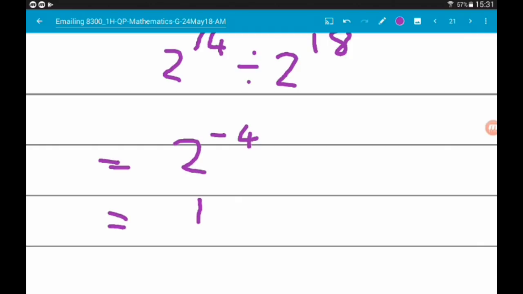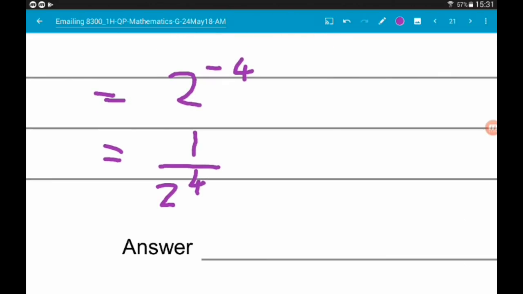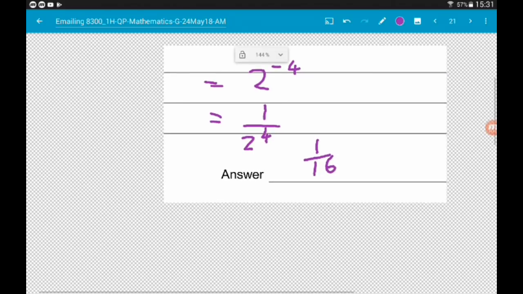So this is 1 over 2 to the power 4. So the last thing we need to do here is work out what 2 to the power 4 is. So it's 2 times 2 times 2 times 2. So we get 1/16.